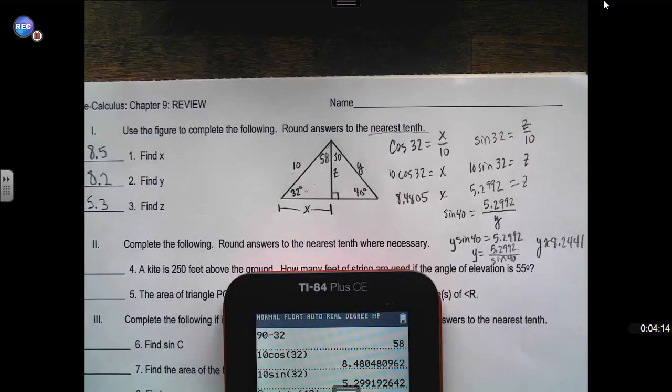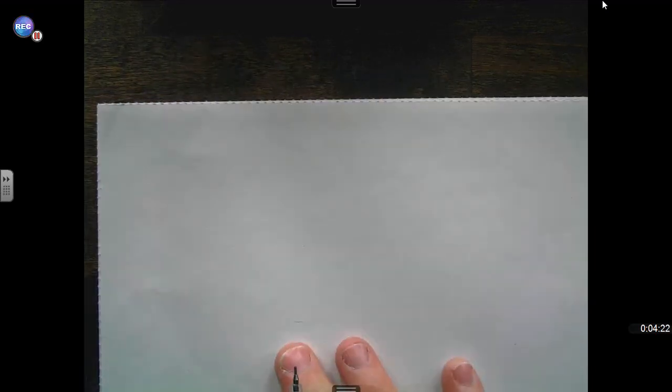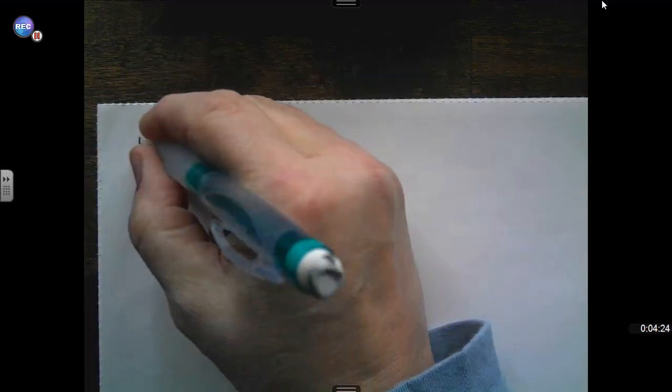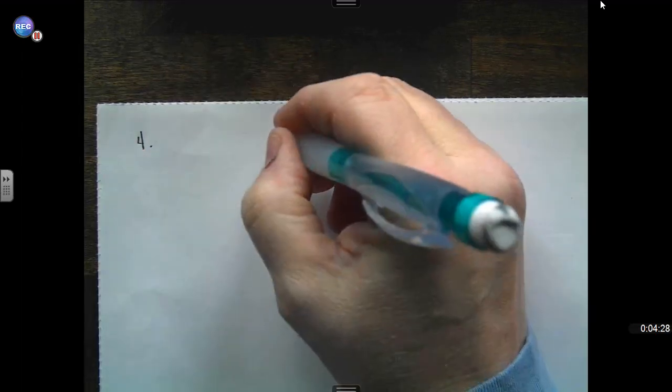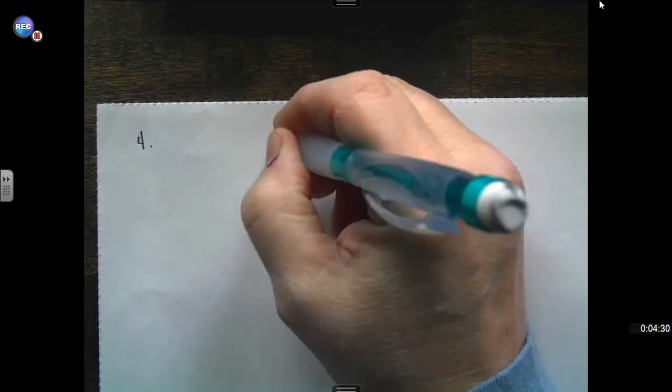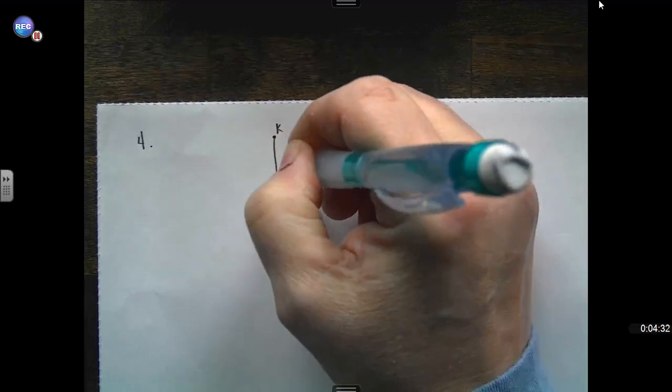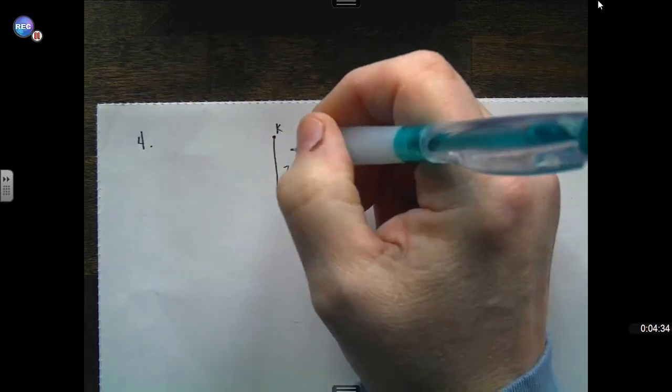Okay. I don't think I'll have room to do the rest of these problems on the actual worksheet. So we look at number 4, and it says that a kite, here's my kite, is 250 feet above the ground.